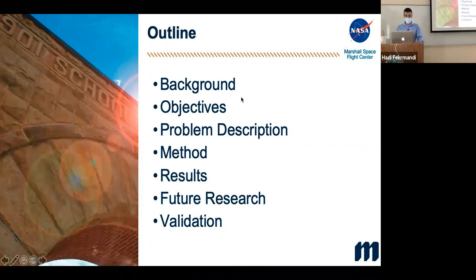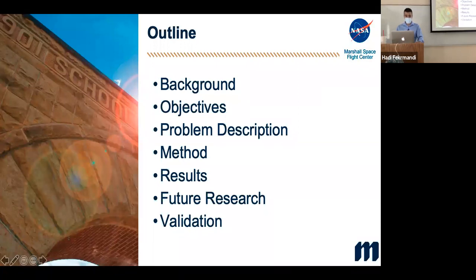I'm going to talk a little bit about the background, a very interesting background that NASA has been working on towards this point and what they are planning. Then the objectives that we had, particularly in the research that I did during the summer at Marshall Space Flight Center.